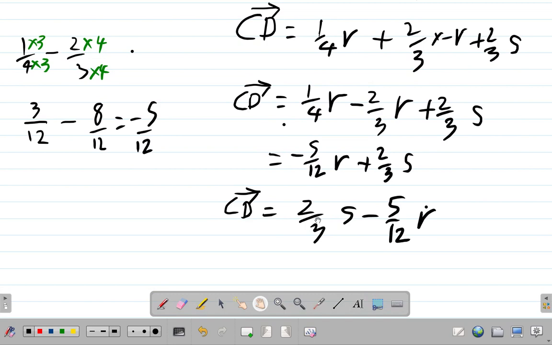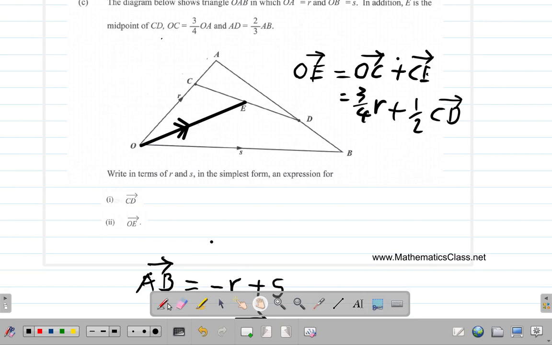CD is 2/3 S minus 5/12 R. So that's 2/3 S minus 5/12 R. So OE, going from O to E, is equivalent to going from O to C, then turning the corner and going from C to E, because you end up the same place.